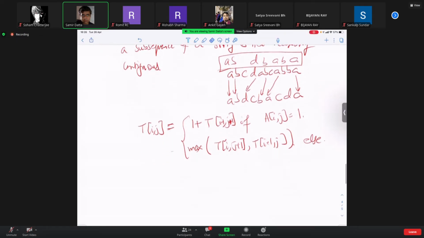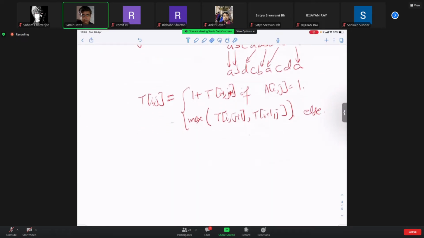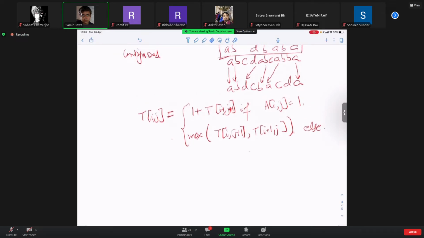No, see, let's do a smaller string up till this point. Let's do this string up till some small point, till this point.